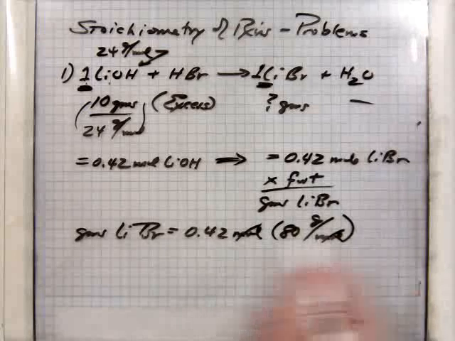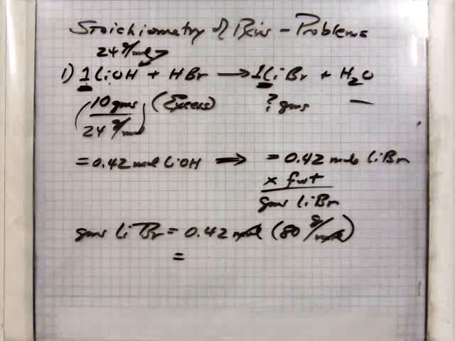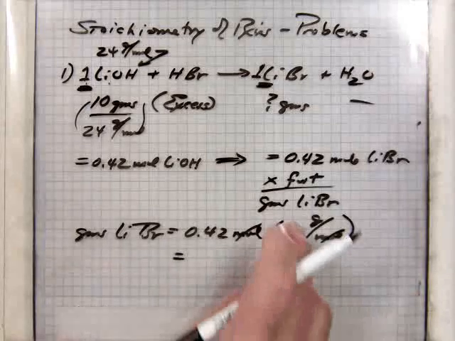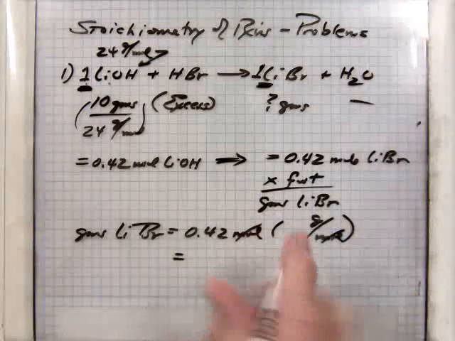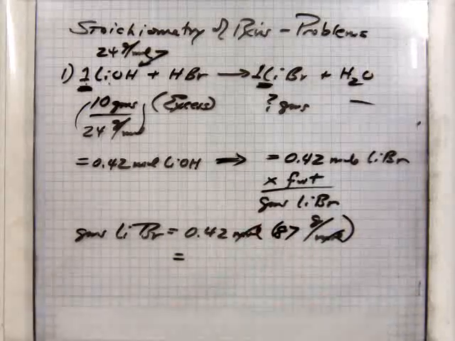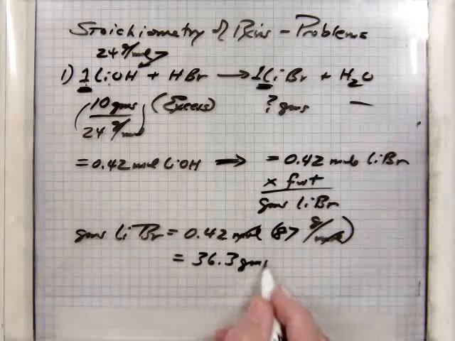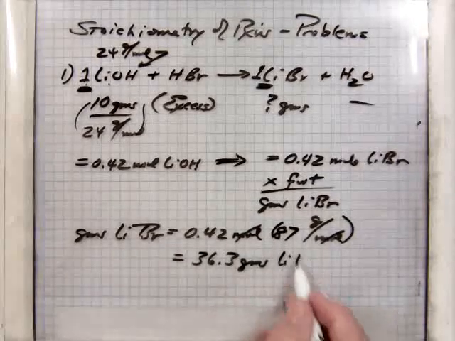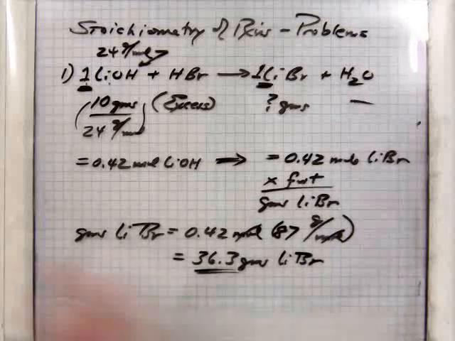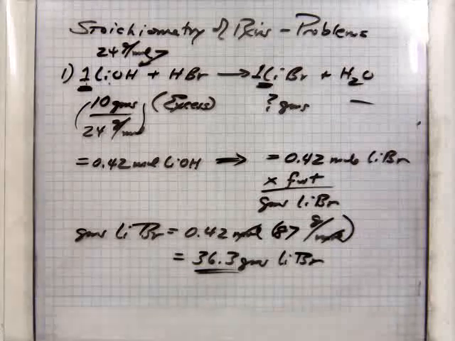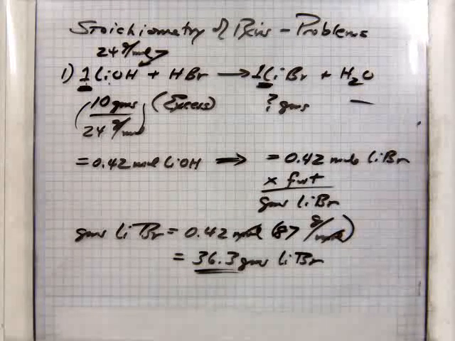Moles drop out. And 36.3 is what I get. 36.3 grams lithium bromide out of that. So convert to moles and compare the ratio, and then convert to whatever you need after that.